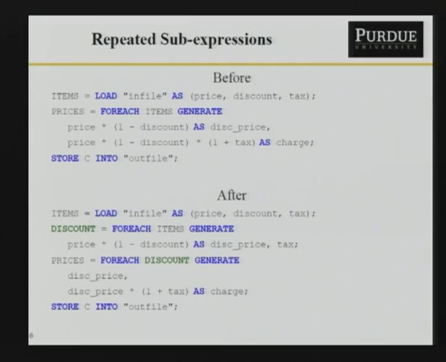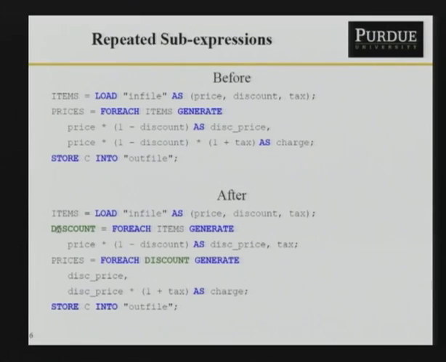So if you notice here, we have a sub-expression which repeats in both these computations. We have price times 1 minus discount, which we perform twice, right? And we can avoid that to make things move a bit faster. So what kind of transformation do we do here? Well, we introduce an intermediate operation.